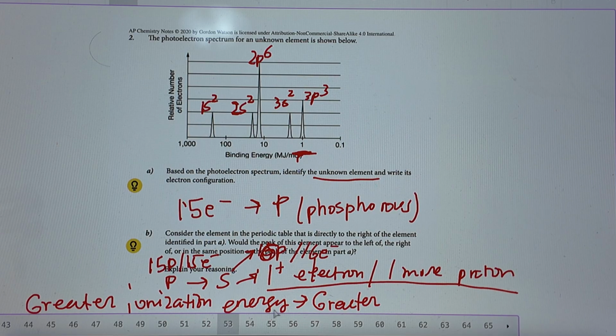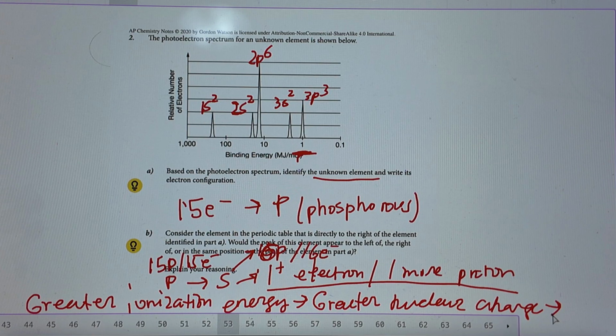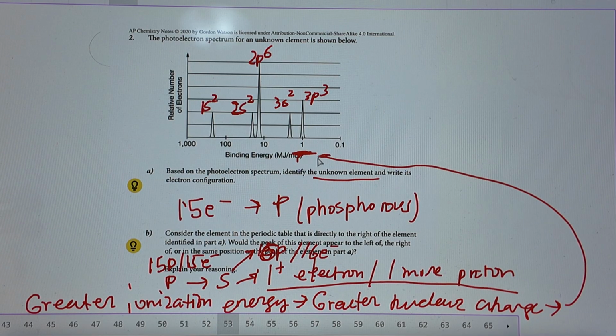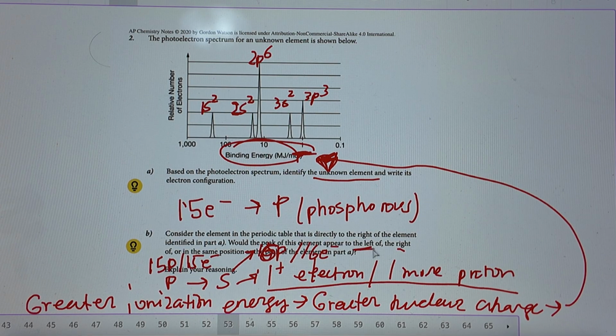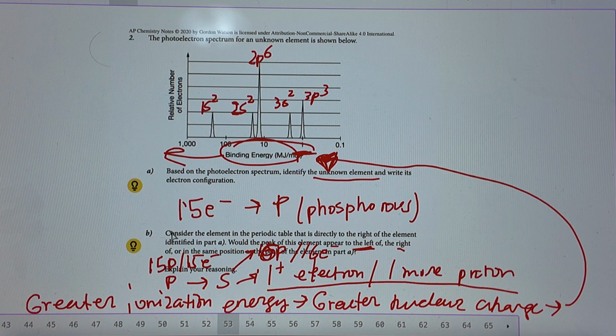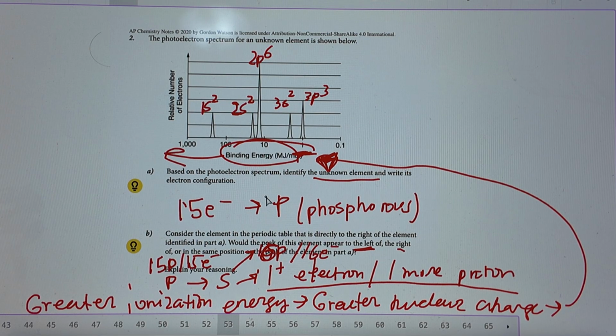So it has a greater ionization energy, and then it has a greater nuclear charge. Excuse my handwriting. And lastly, therefore, it would have a greater binding energy. And that's why it would appear to the left. Its binding energy would be greater, and it would pull its electrons in tighter. All right, that's all.